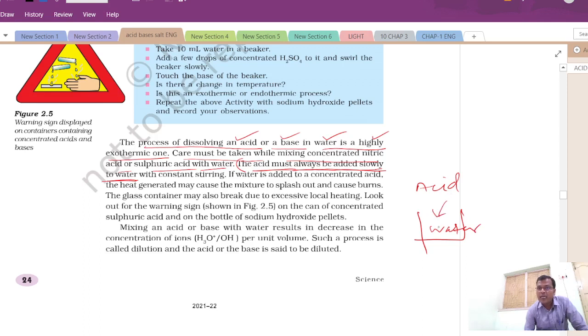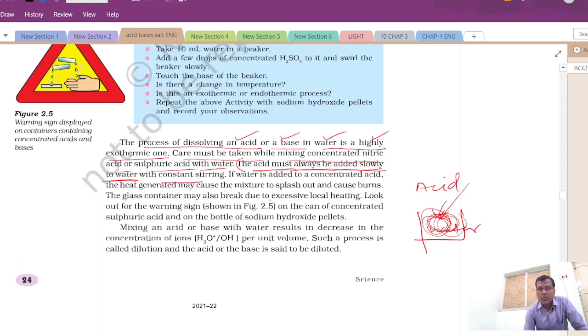We have to add acid into water slowly, with constant stirring with a glass stick. You have to stir it well, so that the heat, if liberated, will mix in the solution and chances of splashing out will reduce.